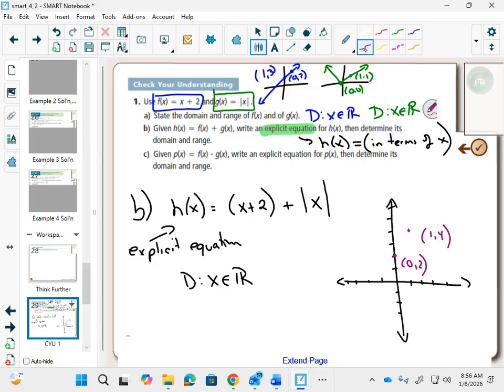If I add my y values for 2, you're going to find that you have (2, 6). If you add your y values for -1, you have (-1, 2). If you add your y values for -2, you're going to have (-2, 2). And after these points, if you kept going, you're going to notice this goes straight like this, and this goes straight like this.